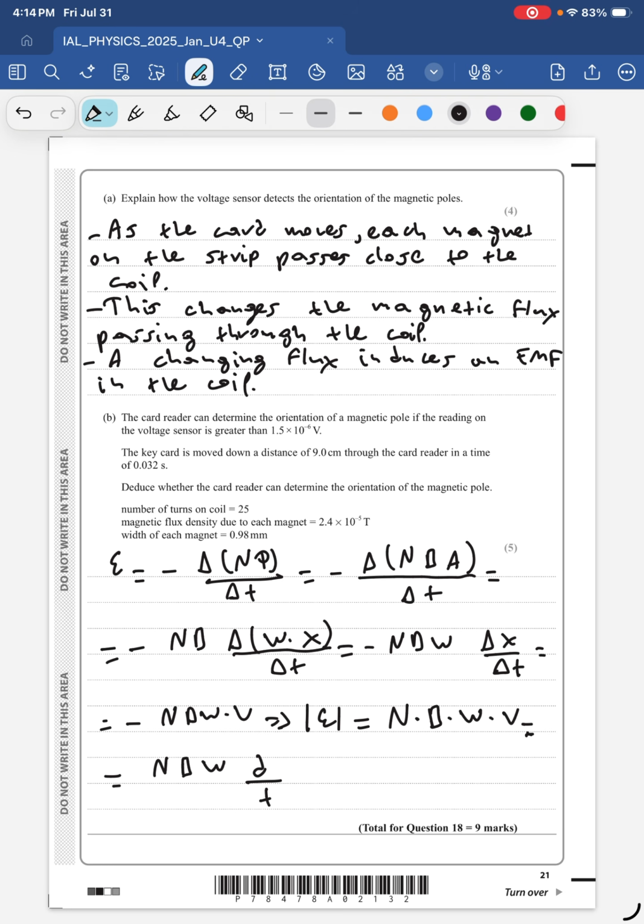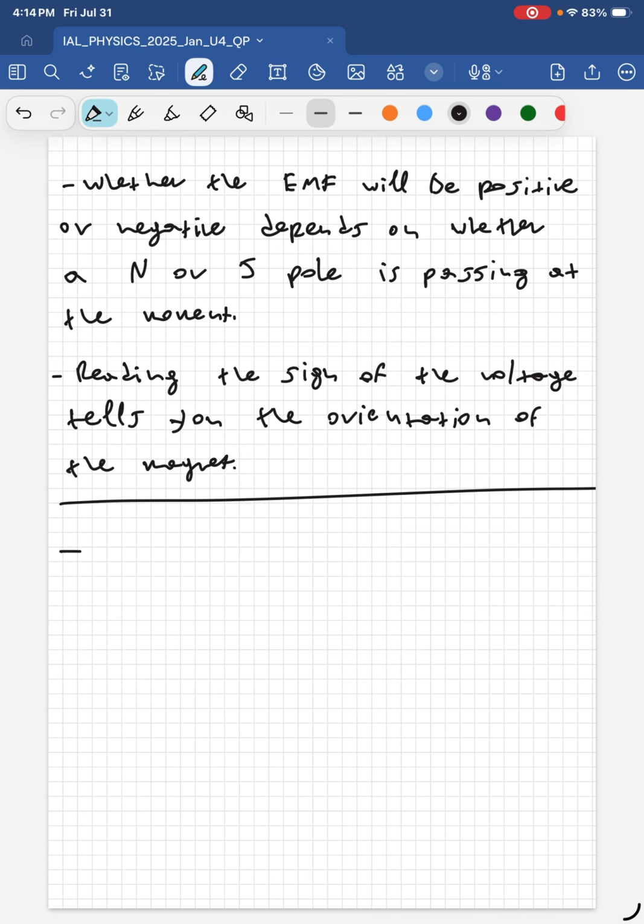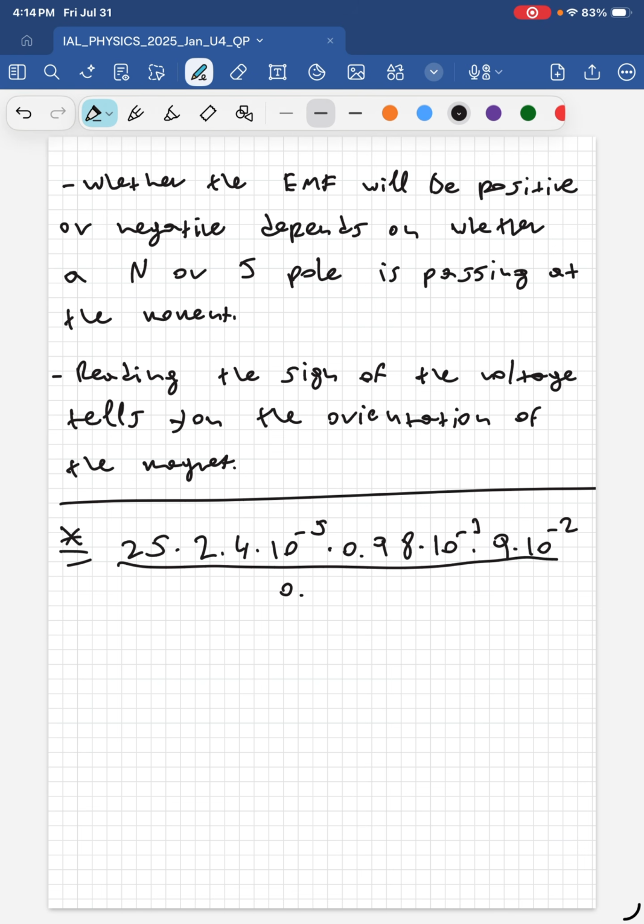All right, so now let's plug in numbers after all these calculations. So we have 25 times 2.4 times 10 to the negative 5 times 0.98 times 10 to the negative 3 times 9 times 10 to the negative 2 over 0.032, and the units are Teslas meters squared over seconds.